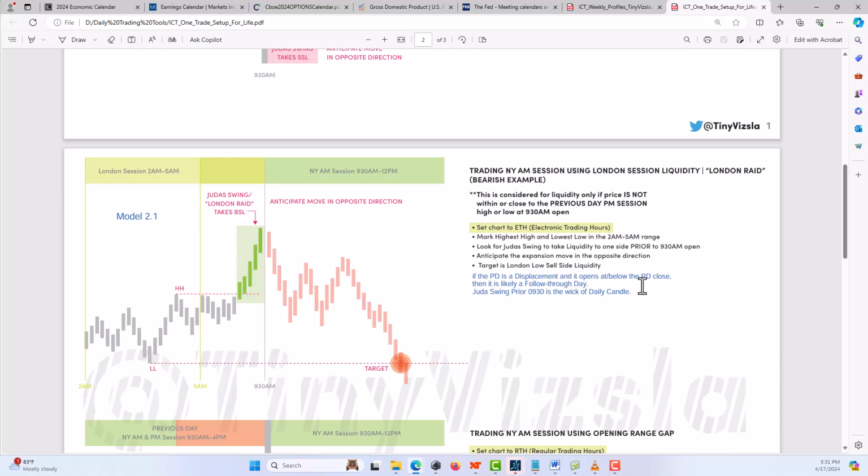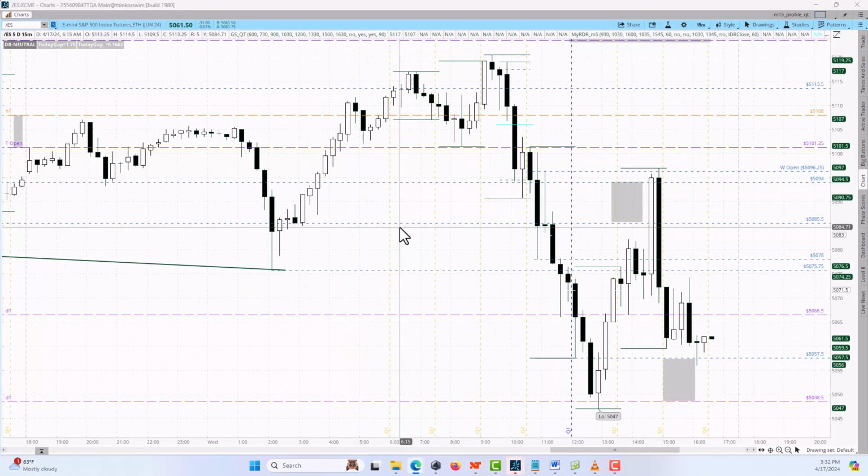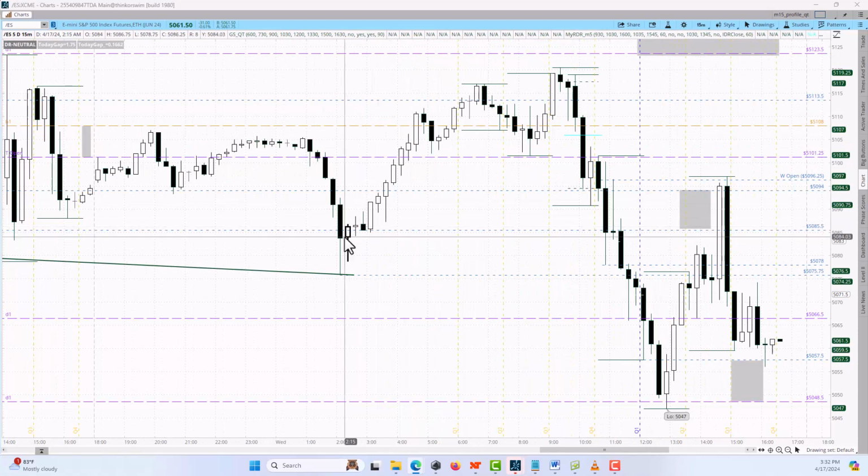Let's look to see if that's the case right here. We do have it, the Euro swing right here.